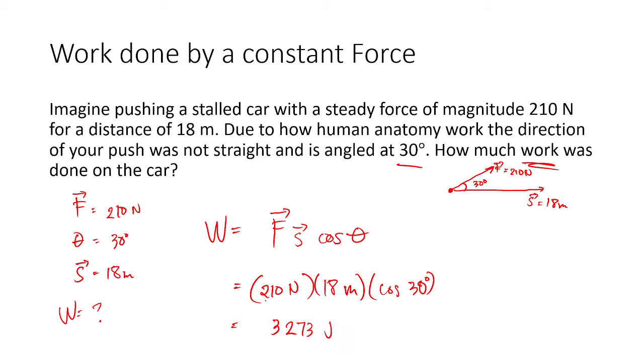Pero since class 2 lang yung significant digits natin, kailangan natin itong i-convert. So this will be 3,300 joules, or we can simply write this as 3.3 times 10 raised to 3 joules. Okay? So that is the amount of work that is done on pushing that stalled car. So those are our work done by a constant force on a straight line displacement.